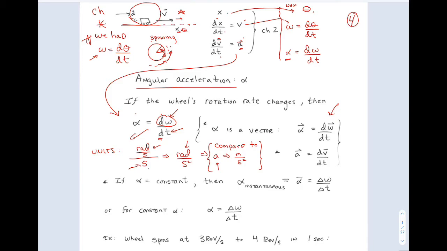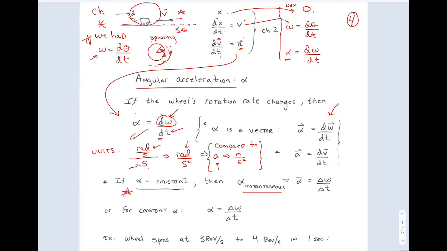That makes sense. Back in chapter 2, we had cars that sped up and slowed down at a constant rate, much like if you drop something or threw something up in free fall, it would speed up or slow down at a constant rate. We said that if the acceleration was constant, then we don't have to talk about an instantaneous value because it's the same all the time.